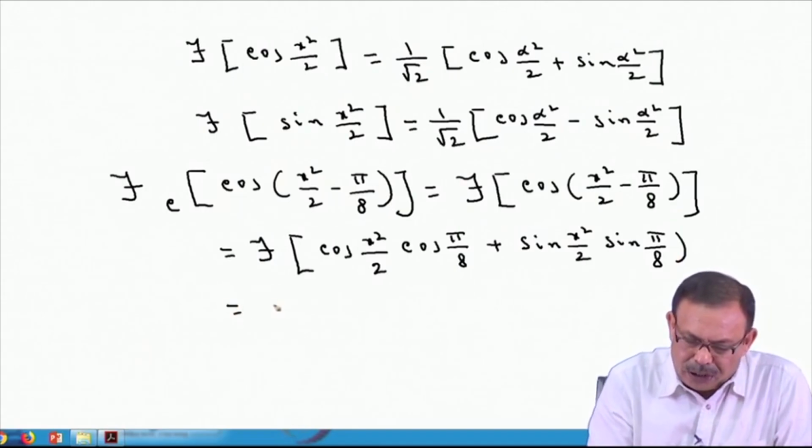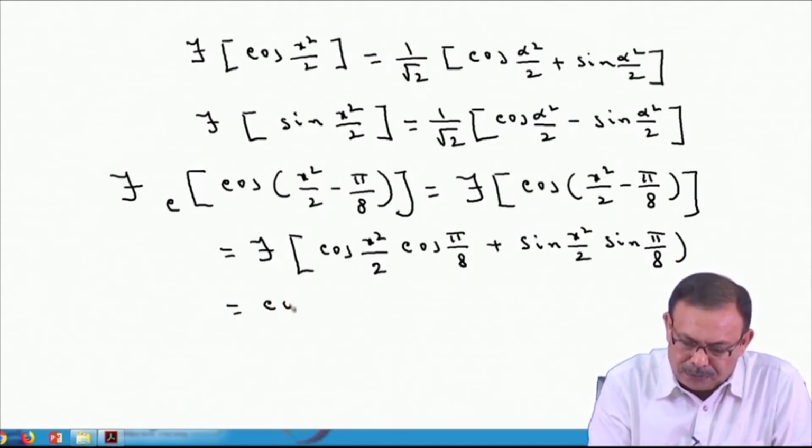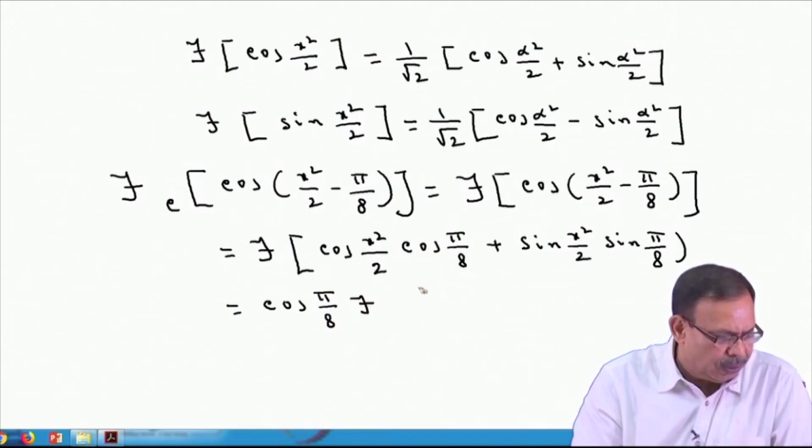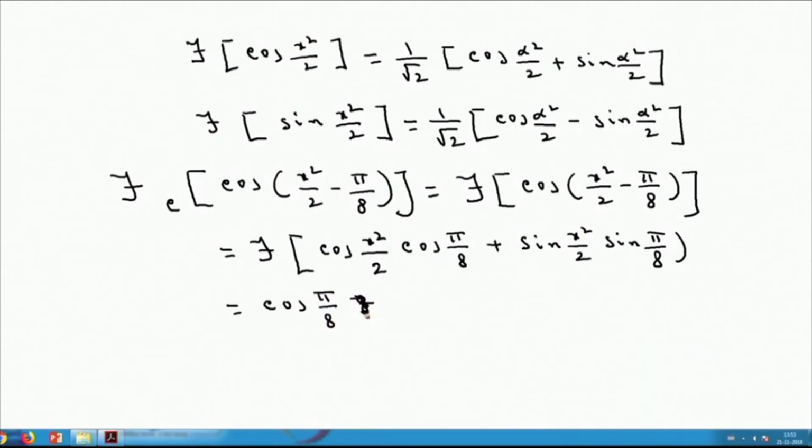So that this pi by 8 I can bring outside. So, cos pi by 8 into x square by 2. So, 1 by root 2 into cos of alpha square by 2 plus sine of alpha square by 2 I can write down, Fourier transform of cos of x square by 2, already we have done it, 1 by root 2 this.